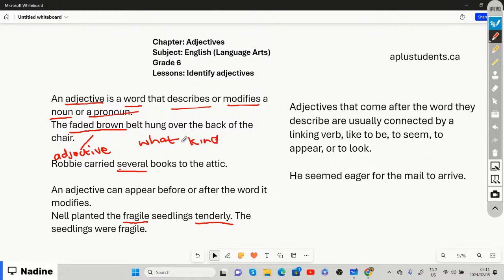It's almost like asking what kind of belt hung over the back of the chair, and we can say it is a faded brown belt. So that is how it describes or modifies the belt.